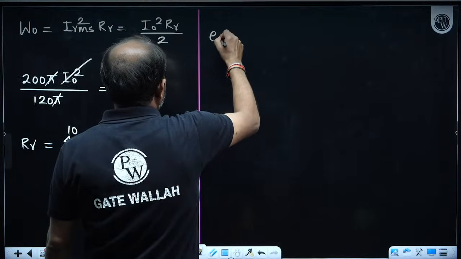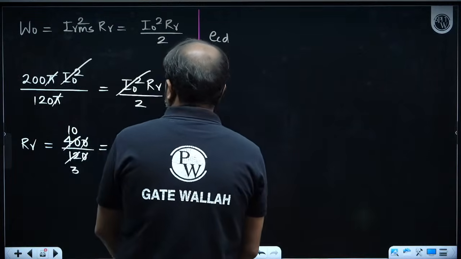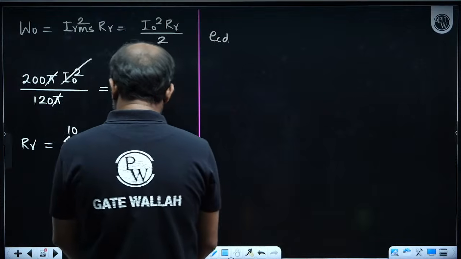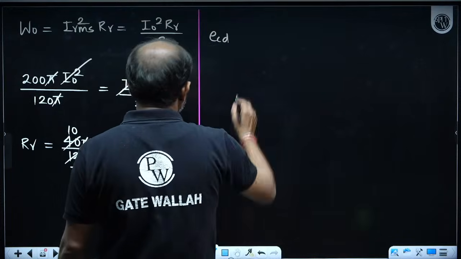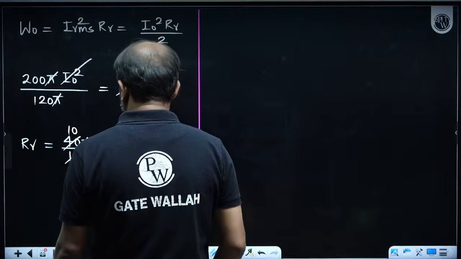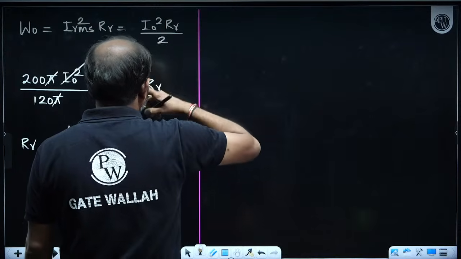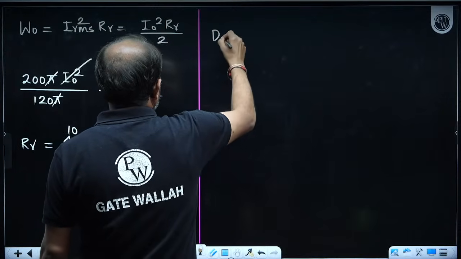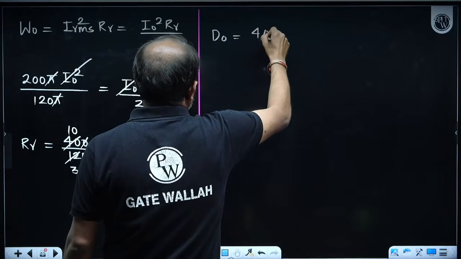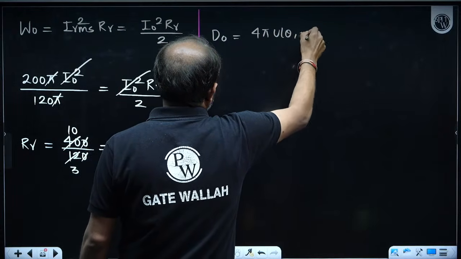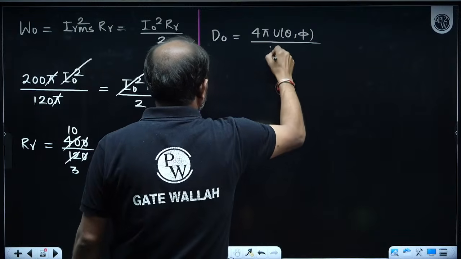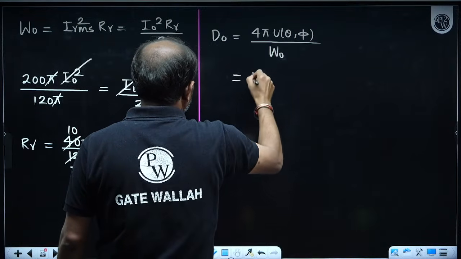So efficiency is equal to... directivity is equal to 4 pi into u theta phi maximum value divided by W naught. How much is the maximum value?